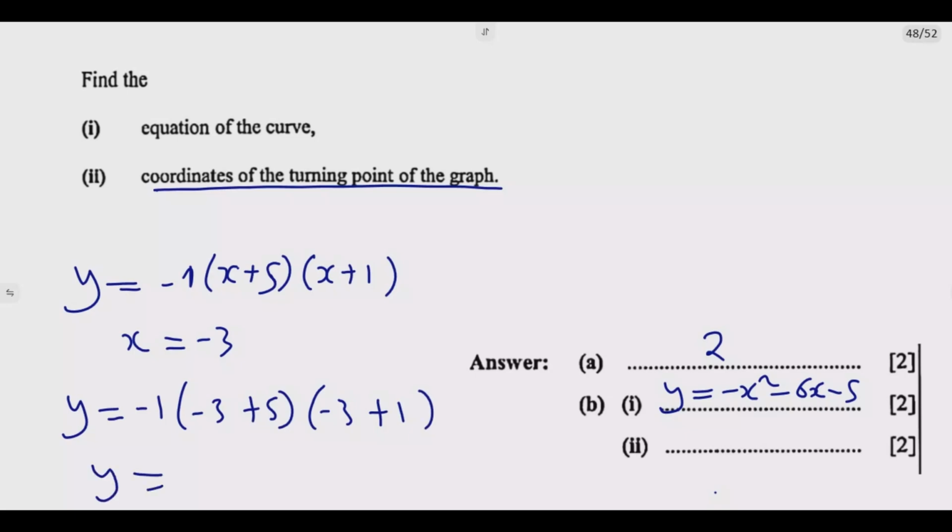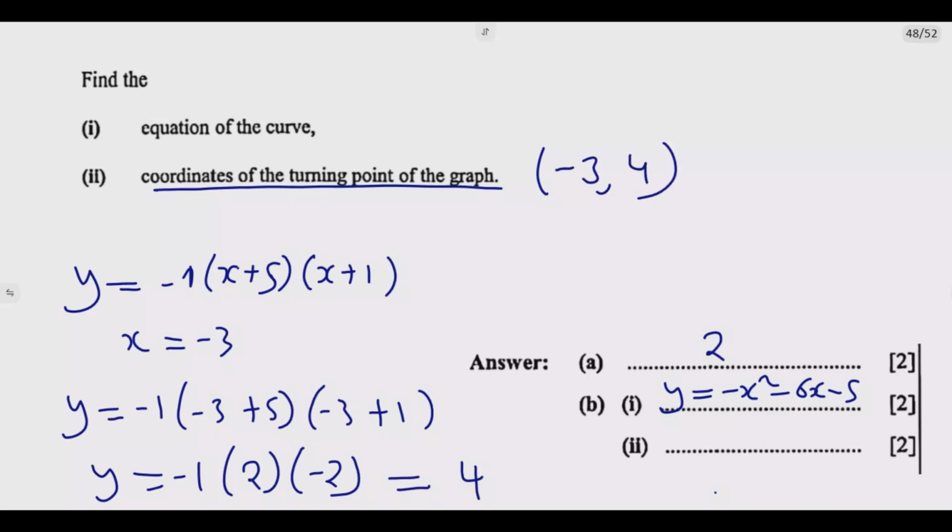So it will be y is equal to minus 1, then this is 2, then this is minus 2. Negative 2 times 2 times negative 1 is equal to 4. So the coordinate here is negative 3, 4. That's the answer. Negative 3, 4 is the turning point.